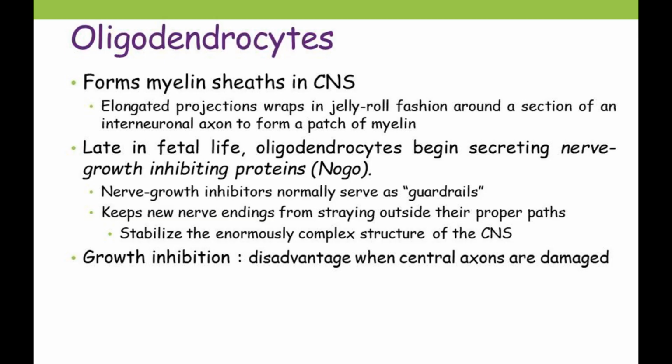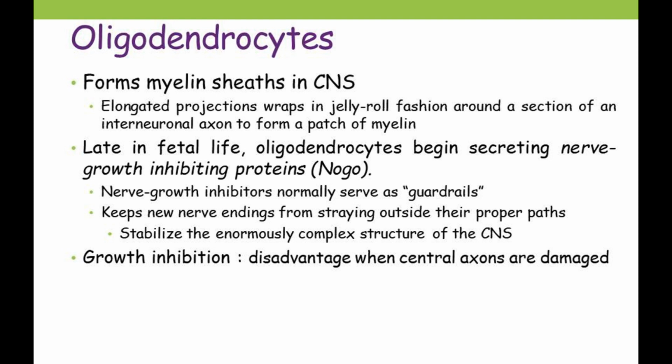So the oligodendrocytes form the myelin sheath in the central nervous system. That is, the projections wrap in a jelly roll fashion around a section of an axon to form a patch of myelin.